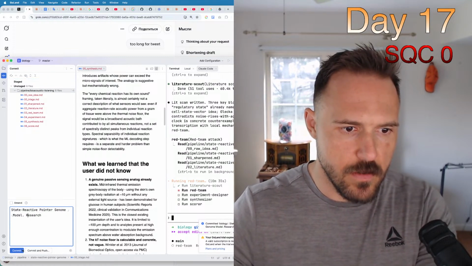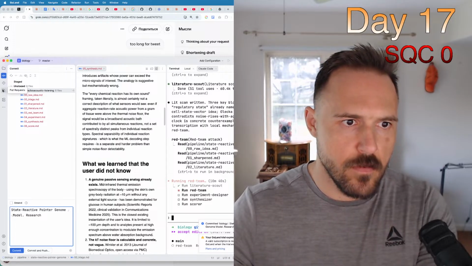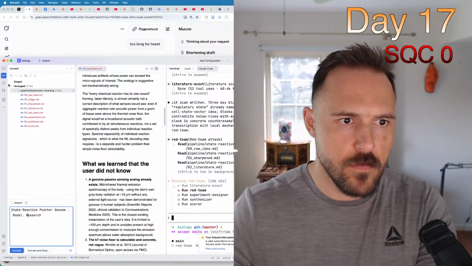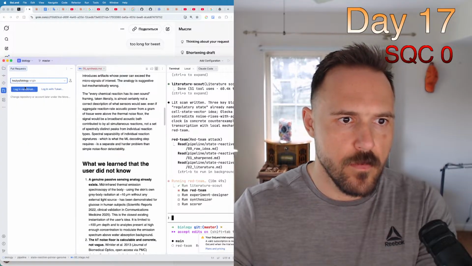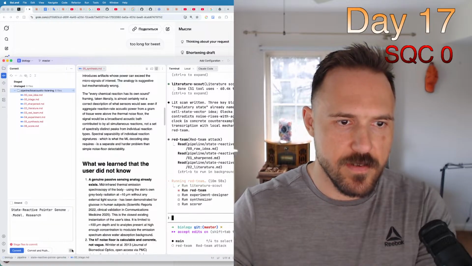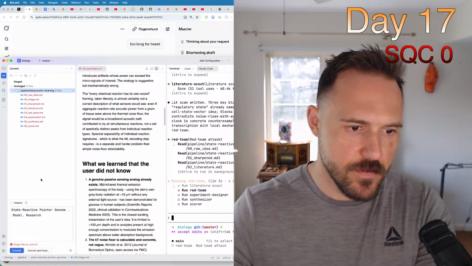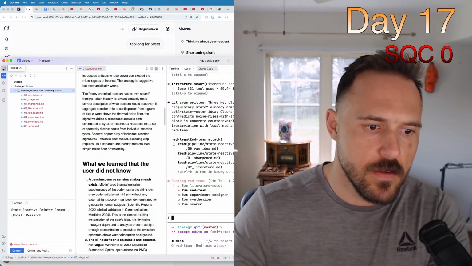Where's the push button? Come on. Also commit and push. Can I push it now? Okay, I guess I need to open the Finder. Oh, terminal.